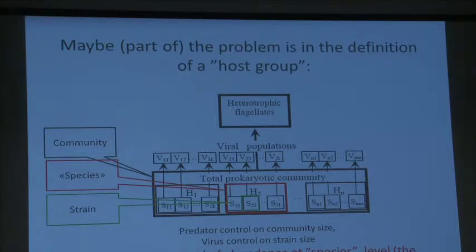So you have predator control on community size, and you have virus control on strain size, but you have lost the control on the size of the species, or the explicit control. And that's the level where most of the data exist, and where people try to compare the models to the observations.